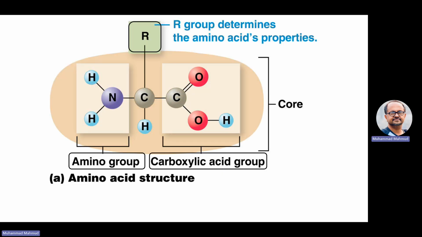Earlier, you found the carboxylic acid group in lipid, but here is something special: NH2 on your left side, the amino group. The R group determines the amino acid's property. This is the part that will be responsible for the properties of those 20 different types of amino acids.